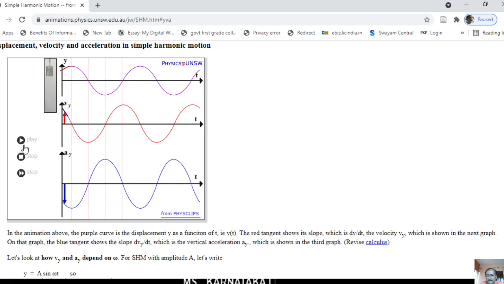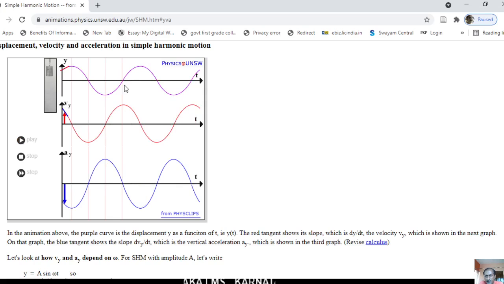This is about the displacement, velocity, acceleration. Here the first one, the purple curve, represents the displacement of the particle. Second, the red one represents the velocity of the particle. And the third one, blue color, represents the acceleration of the particle.